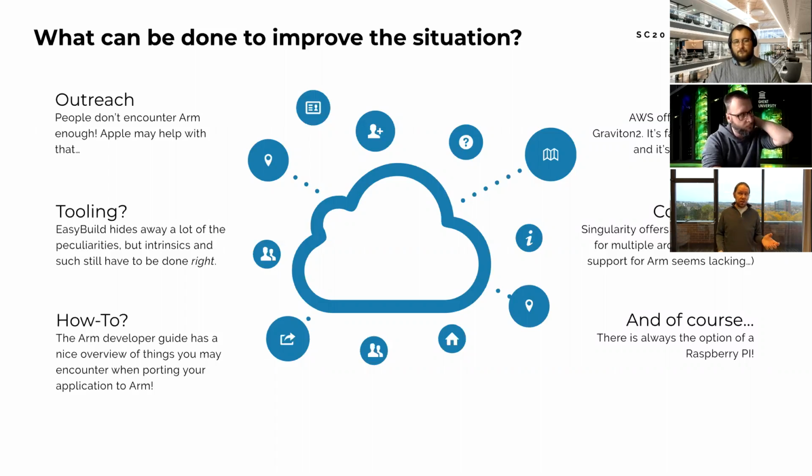If you ever wonder how to make things work, not just on ARM but in general, it is a fantastic guide. Highly recommended. And as for the testing bit, well, AWS offers Graviton 2, which is fast, relatively cheap, and very available. And if that isn't an option, Singularity offers the free use of remote building for different architectures than what you're sitting on. Unfortunately, we've had some trouble getting that to work properly, but it's definitely getting there. And then, of course, there's always the option of a Raspberry Pi. 64-bit, runs ARM, it's fine.